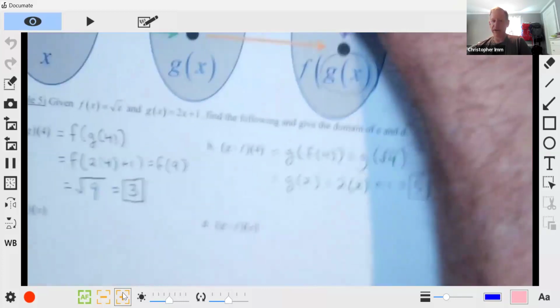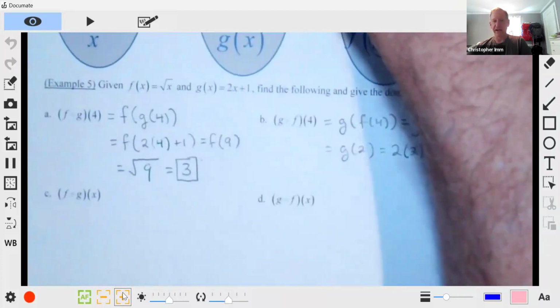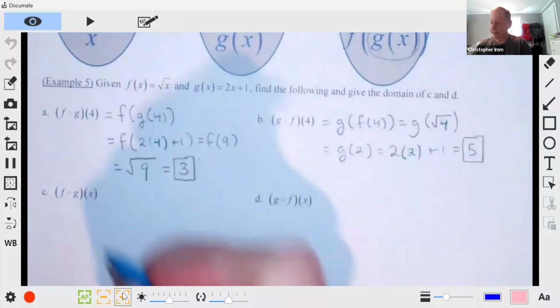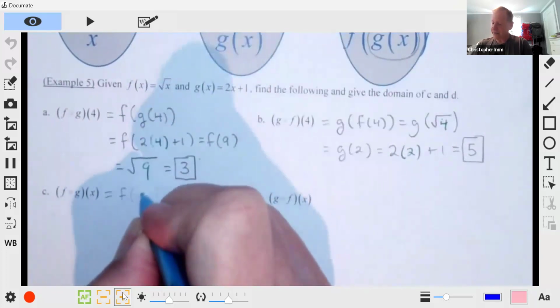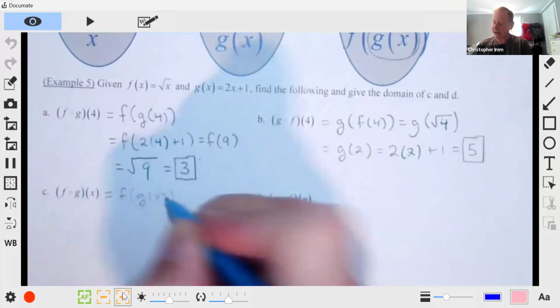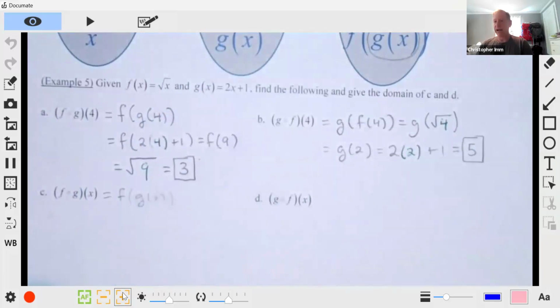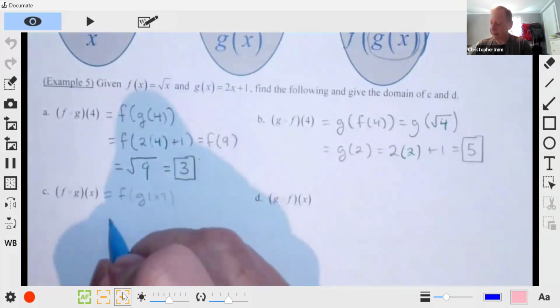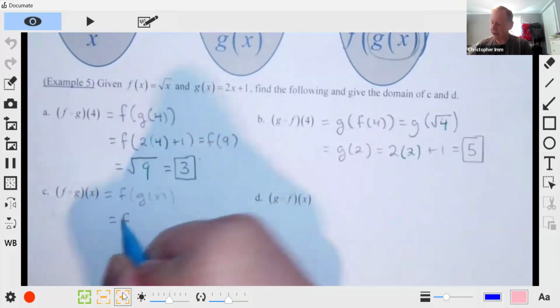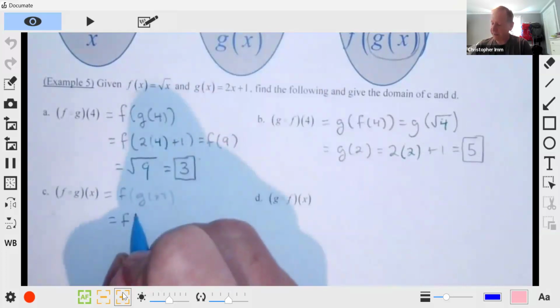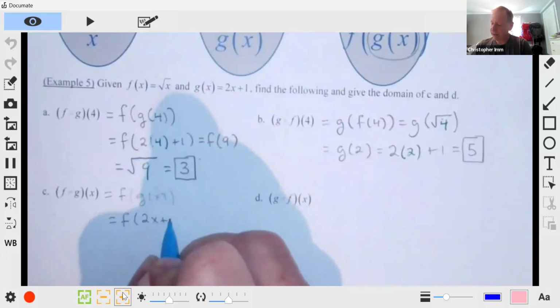So now we're going to find what those functions look like in general, so I could plug in anything. When I have a general function like this, I have f of g of x. I'm going to rewrite it again. Now remember, when I do this, what I'm going to get is a new function. It's going to be a function. So I'm going to do f of g of x, where g of x is 2x plus 1.